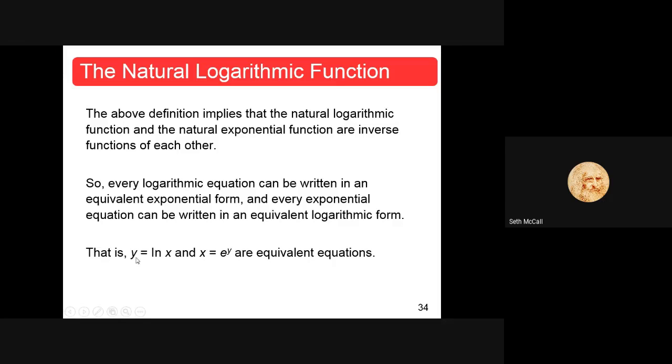So y equals natural log of x and x equals e to the y are equivalent equations. If you take this from logarithmic form and put it into exponential form, this is log base e of x equals y, the very first rule that we learned, so e to the y equals x.